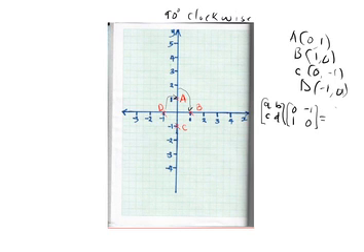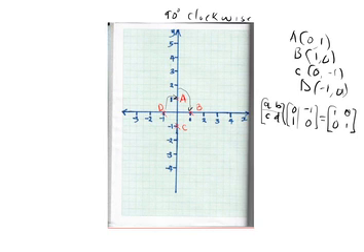Then this should give us the image coordinates, that is 1, 0, and 0, 1. Let's form simultaneous equations and solve them to get the value of a, b, c, and d.